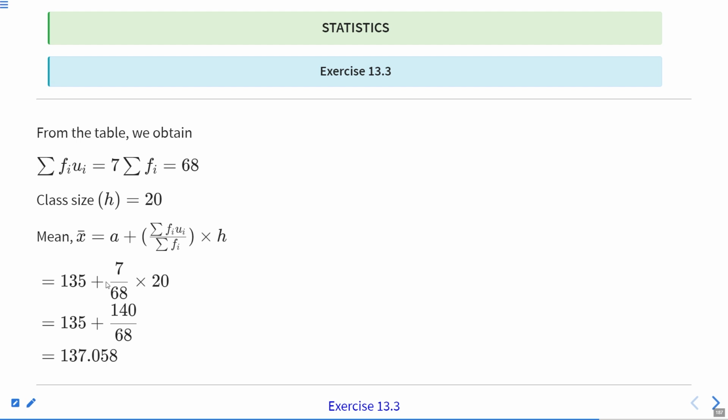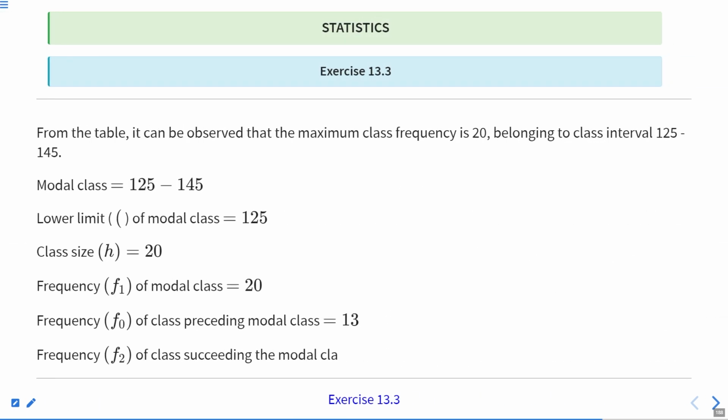Okay, and this is equal to 135 plus 140 divided by 68. Okay, and this is equal to 137.058. So the mean x bar is equal to 137.058.